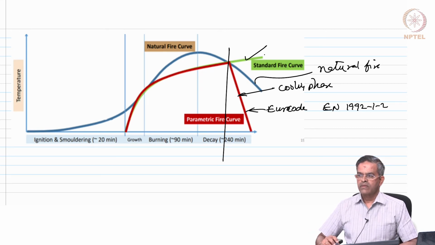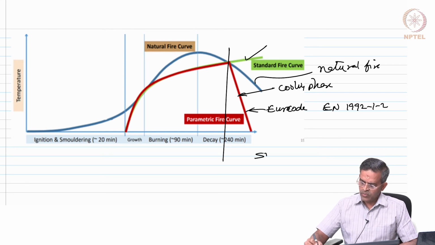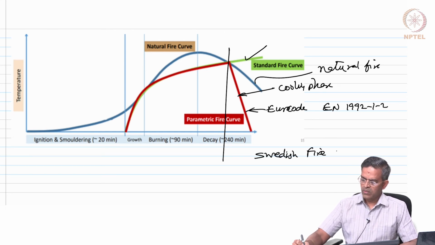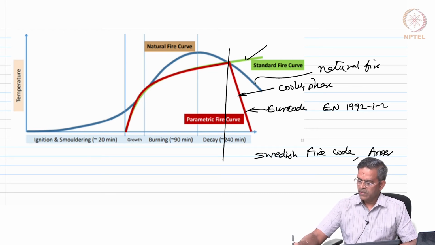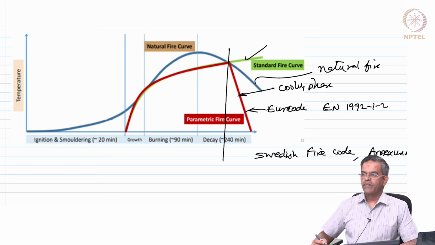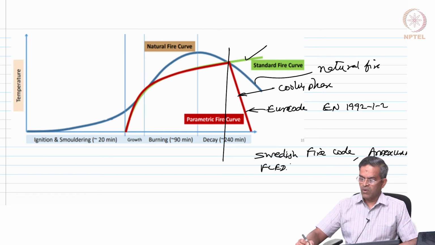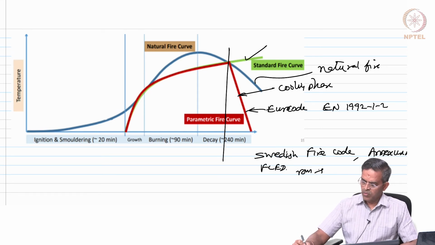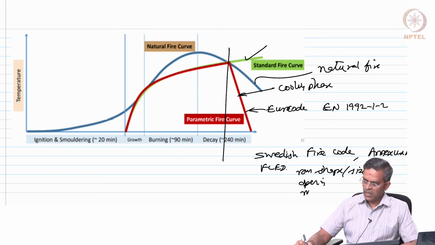Okay. Whereas if you look at the Swedish fire code, in annexure A, FLED is revised based on the room shape and size and openings present in the room and inventory materials present in the room.